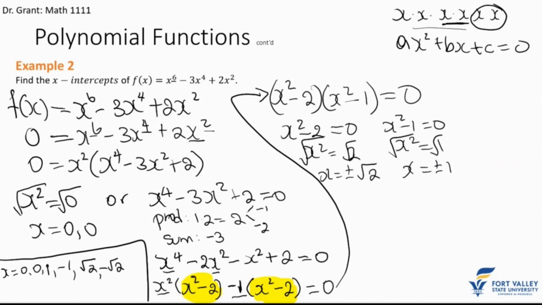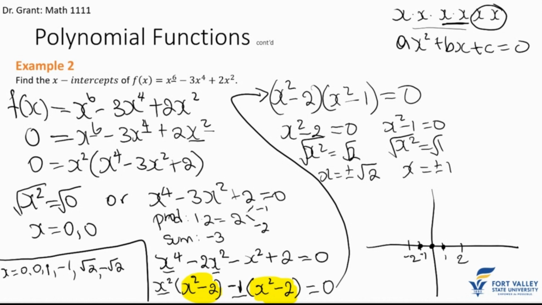So if we wanted to graph this, these intercepts, so let's say this is -1, -2. So then we know that 0, 0 is one of them, positive 1, negative 1.